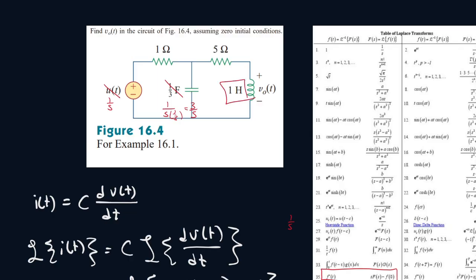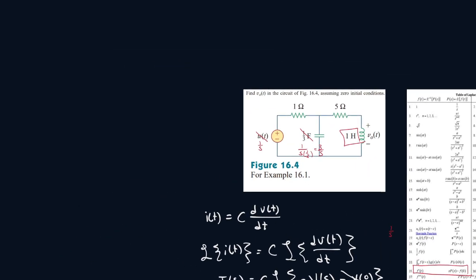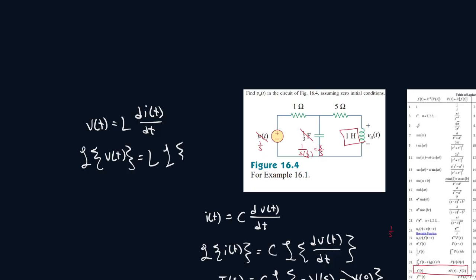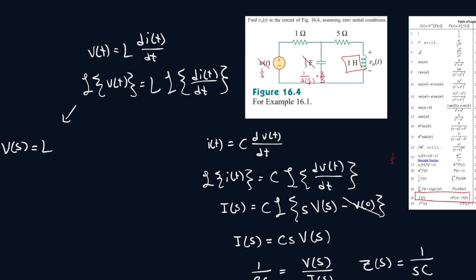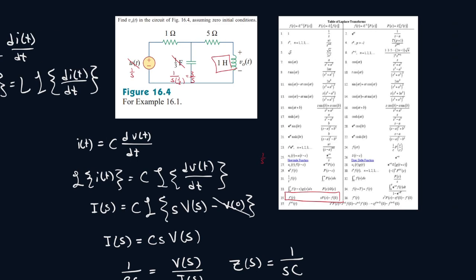Now for our inductor, it's the same thing. So we know the voltage at an inductor is equal to the inductance times di of t over dt. Let's take the Laplace on both sides. So this turns into V of s equal to the inductance times, oh yeah, di of t over dt. It's pretty much the same principle as this.